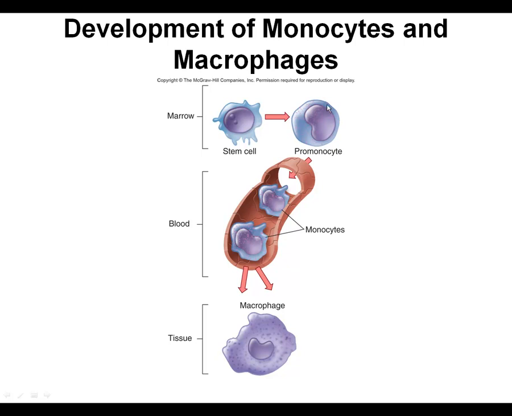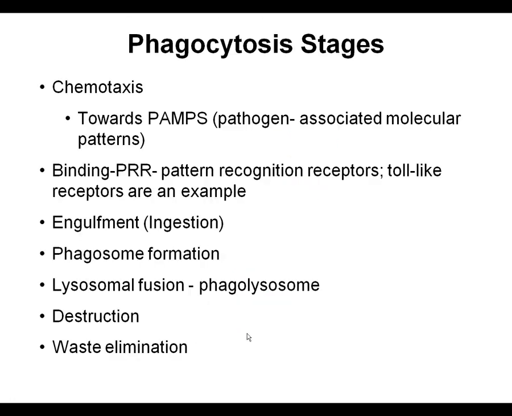Once it leaves the bone marrow and gets into the circulatory blood flow, it becomes a monocyte. Once it leaves the blood and gets into the tissues, it is called a macrophage. Their jobs are the same. They are phagocytic cells, and the macrophage plays a very significant role in the immune response of your third line of defense.